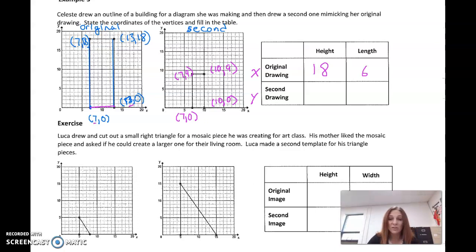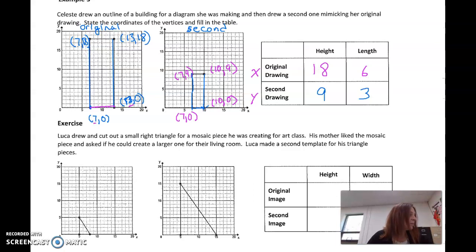Now, the second drawing is its height right here, going from 0 to 9. So its height is 9, and its length right here is 1, 2, 3.